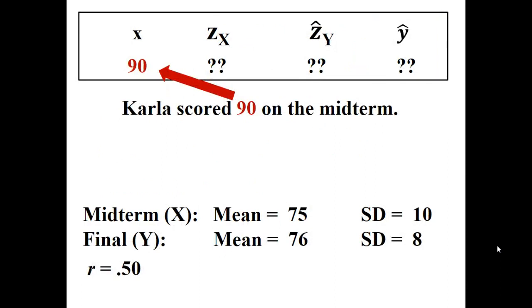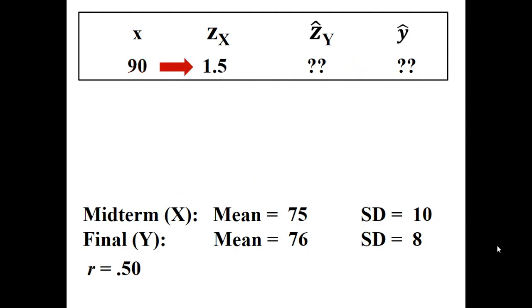So let's summarize what we just did. We started with x equals 90, Carla's score on the midterm. We transformed that raw score into a z-score, and we did that using a formula you know very well now at this point in the class.